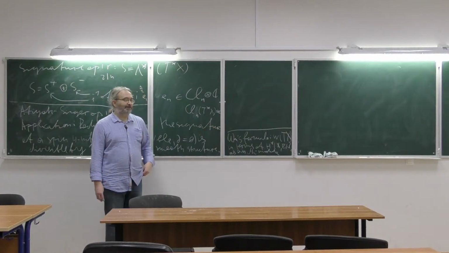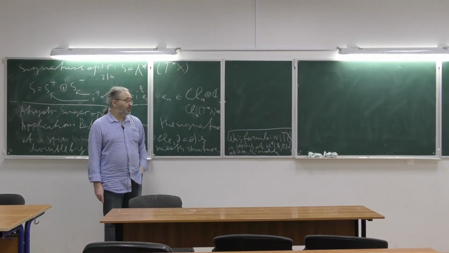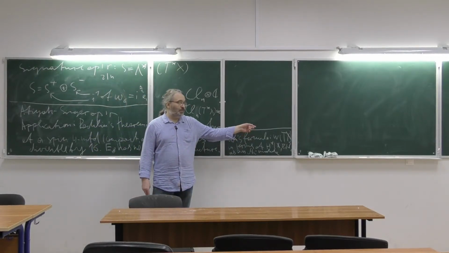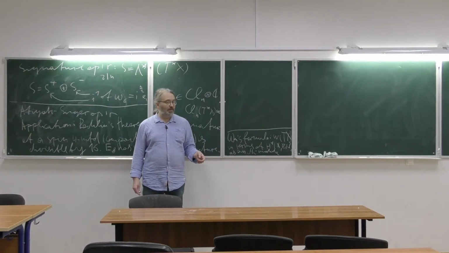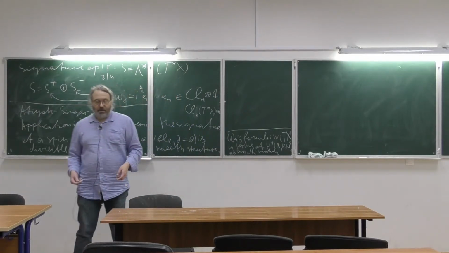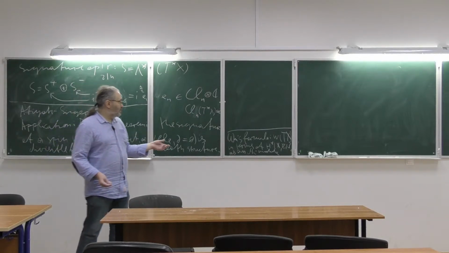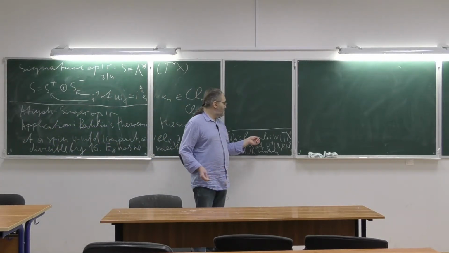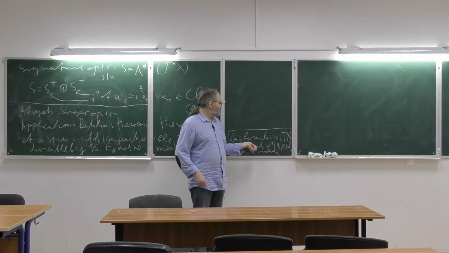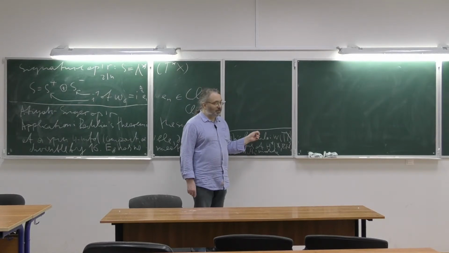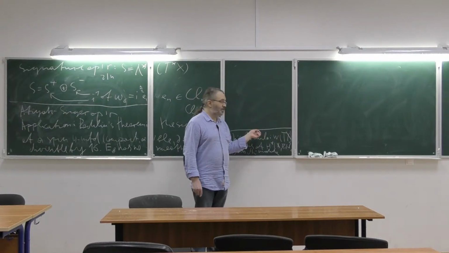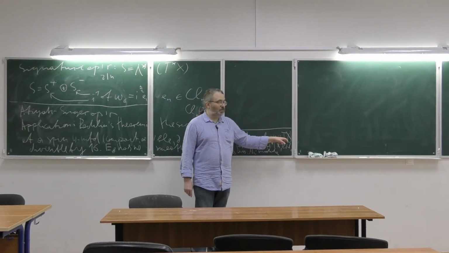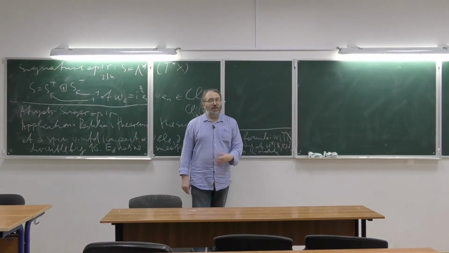Is it a general formula? No, this one is only for mod 2, for the cohomology mod 2. For any manifold? Here we need to assume that X is compact and smooth, otherwise it's not very clear what the tangent bundle is.